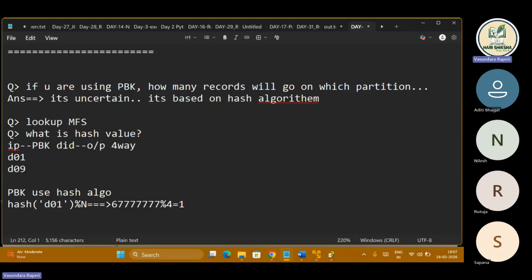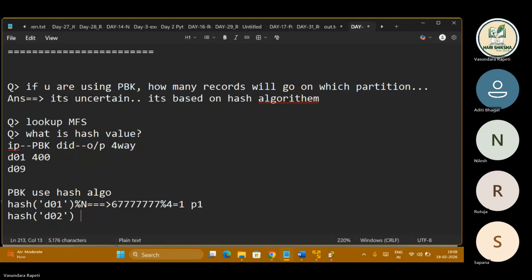So whatever D01 values are there, suppose you have a total of 1,000 records and 400 records are D01, all 400 records will go to the P1 port. That is decided. Similarly, suppose the hash value of D02 is something else.